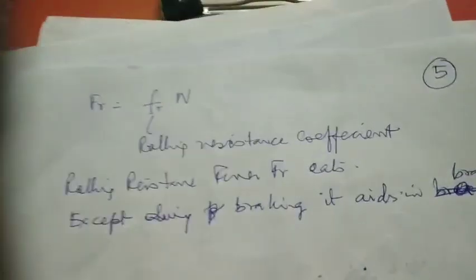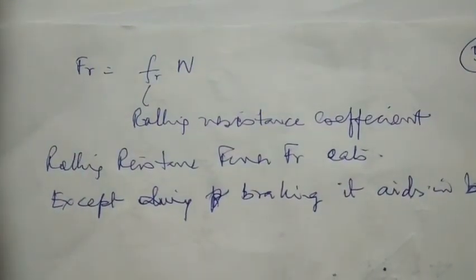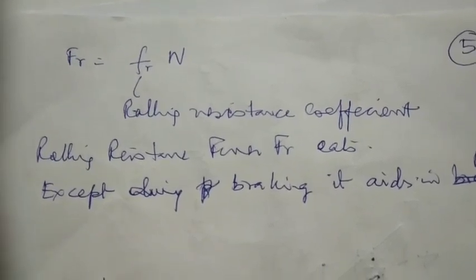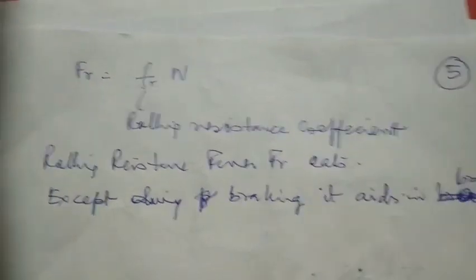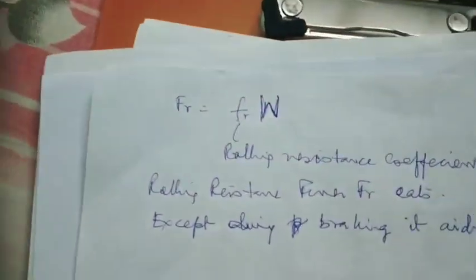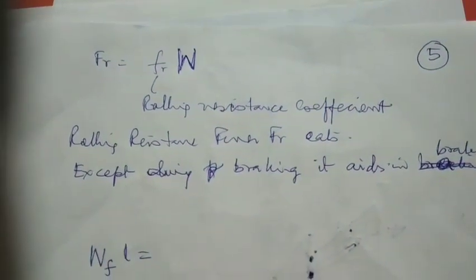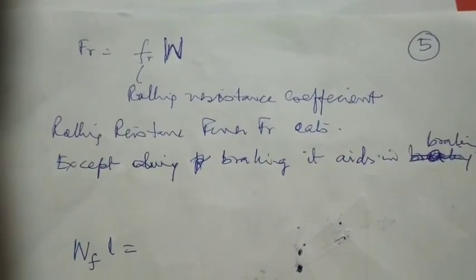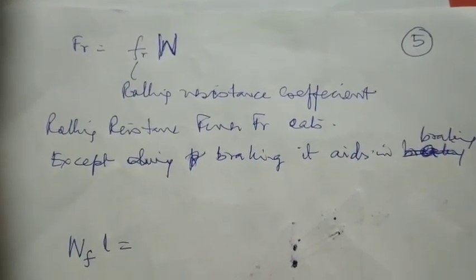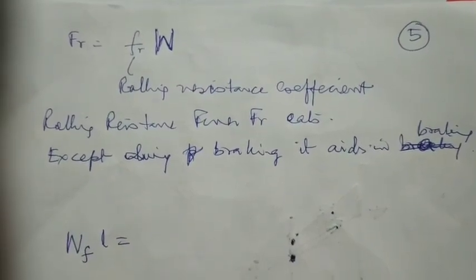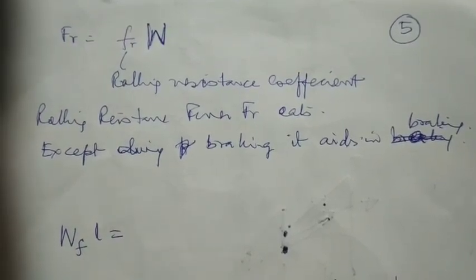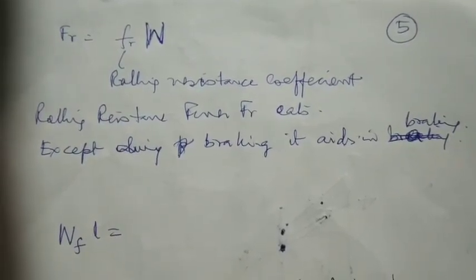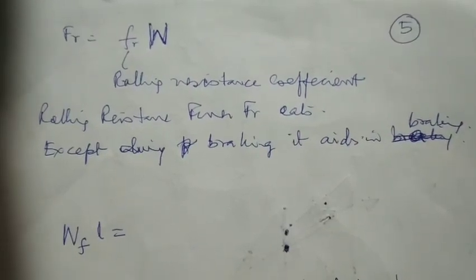And if you see it in another way, Fr is also equal to the rolling resistance coefficient into W. This is W, this is not N, this is W. Rolling resistance is dependent upon the type of tire that you are using, the material. And that rolling resistance eats up the frictional force, it eats up the tracking force.